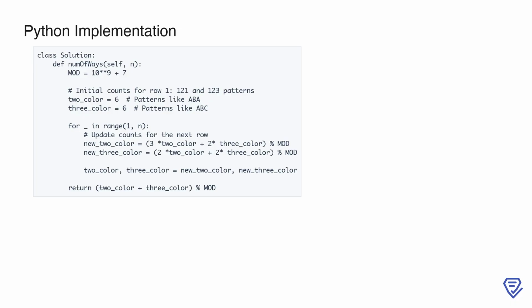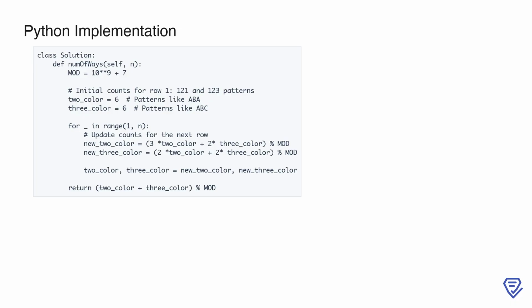New_3_color is computed similarly: 2-color patterns can transition to 3-color patterns, and 3-color patterns can transition to 3-color patterns. These transitions are weighted by how many valid configurations exist, and the results are taken modulo 10^9 + 7 to ensure numbers remain manageable.